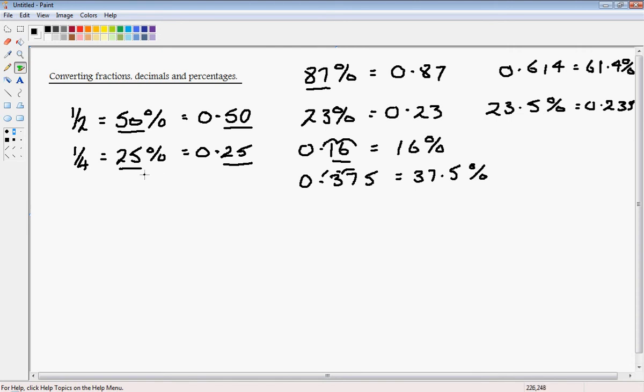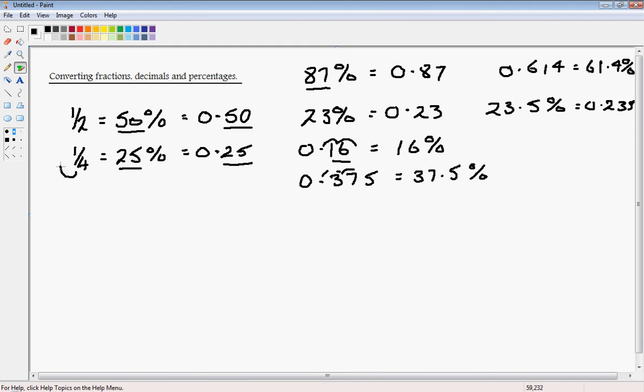Okay. Now, to convert a fraction is not more difficult, but it'll be easier for me to show you. So if we take something that we know, for example, a quarter. Now we know a quarter is 25% and we know a quarter is 0.25. All we do is this.